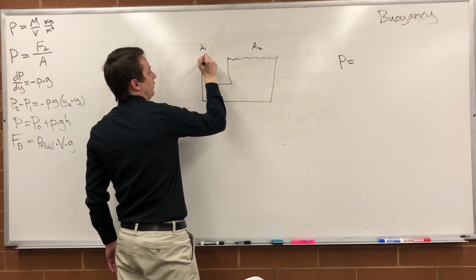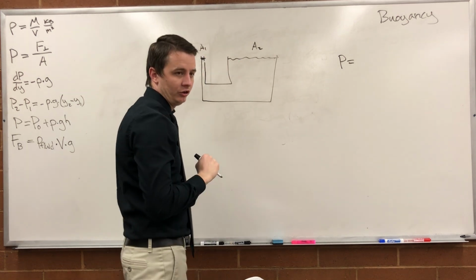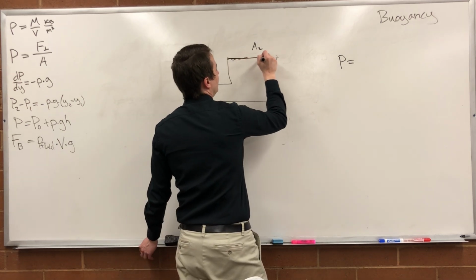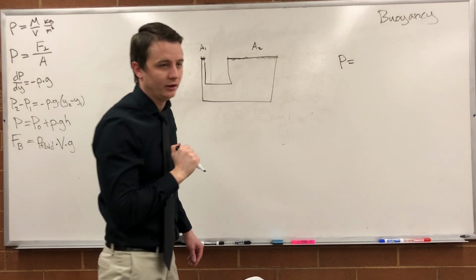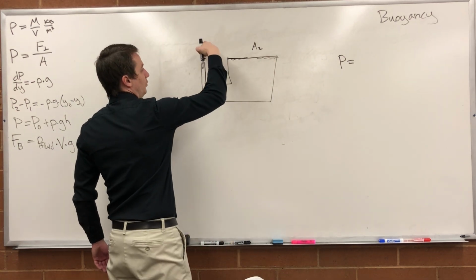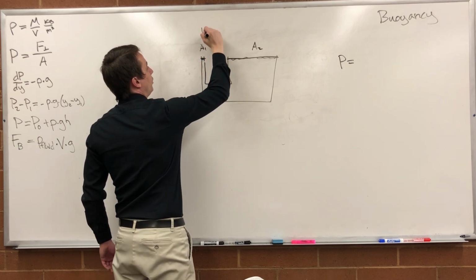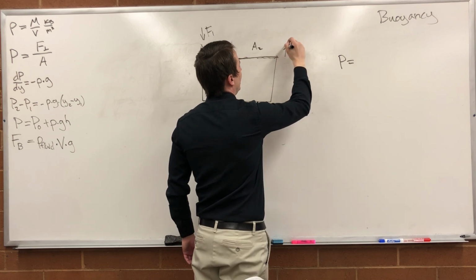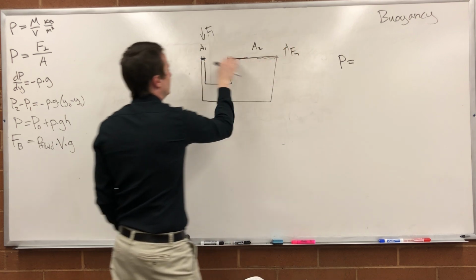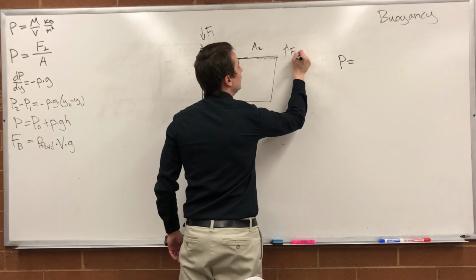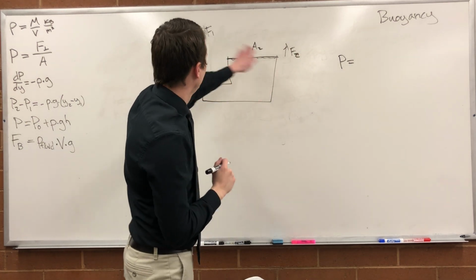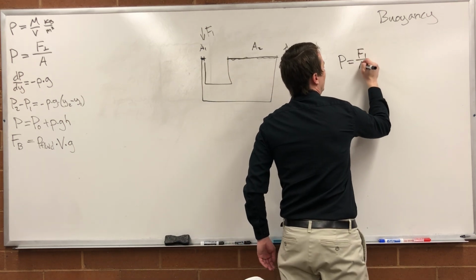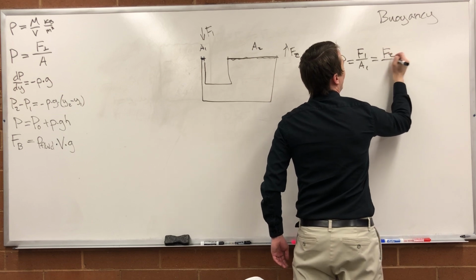If we had a piston here, and I push down on it with some force F1 to create some pressure at the top, and this is also covered by a piston, then it also produces a force F2 over here to keep the pressure the same. So F1 over A1 is equal to F2 over A2.